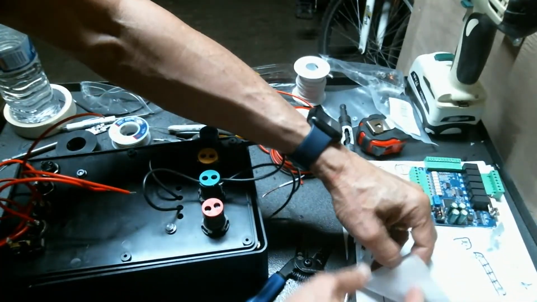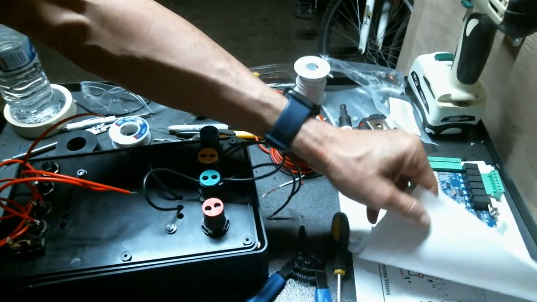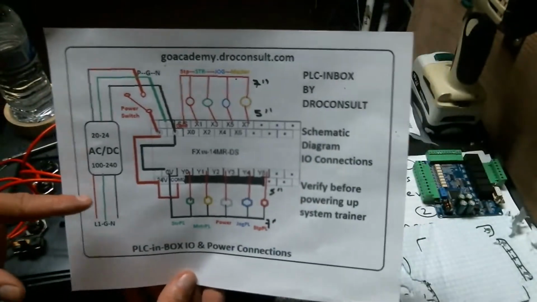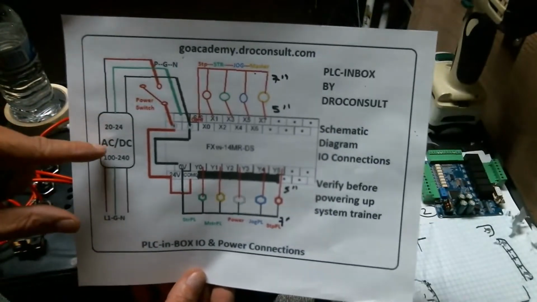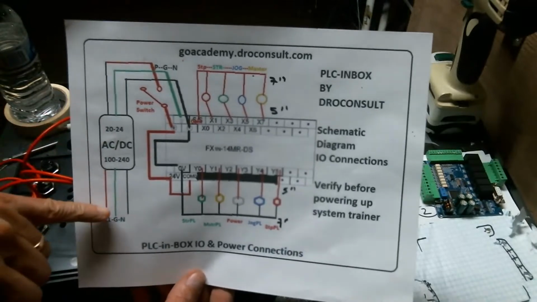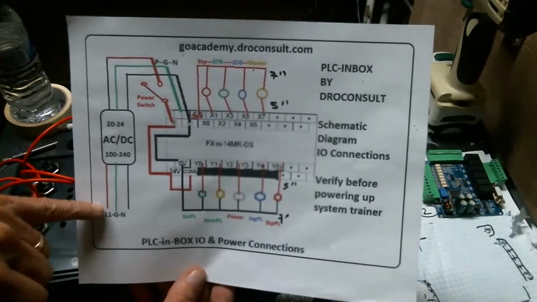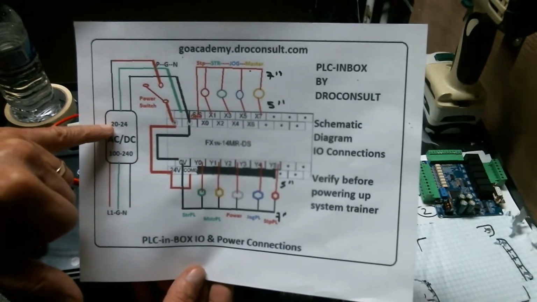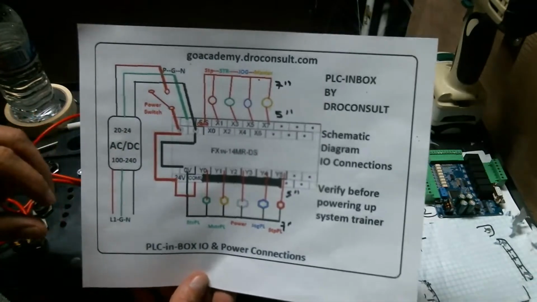I've developed an electric schematic, and on this schematic we have the AC to DC inverter. We come from power 100 to 240, and then we convert that to 24 volts DC.